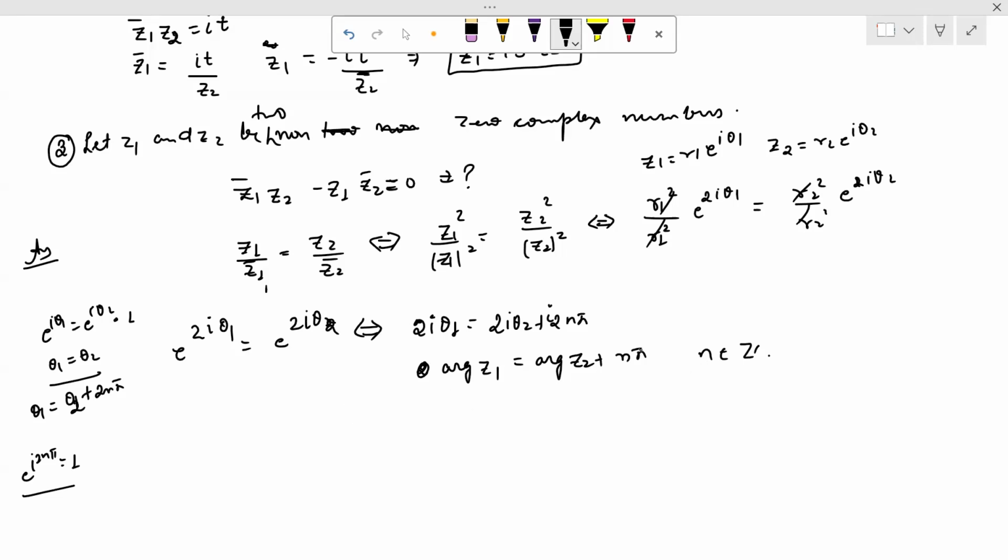If you take n equal to 0, then argument of Z1 is equal to argument of Z2, or otherwise it only differs by pi. Either it is parallel or it is anti-parallel. So we can say that this means that Z1 is parallel to Z2.